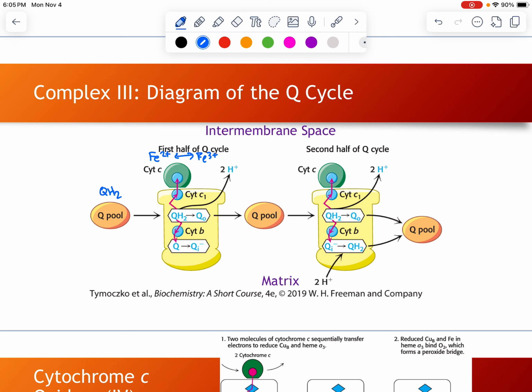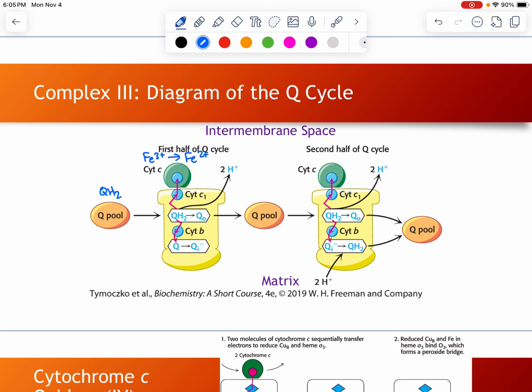The key thing is it can only take 1 electron at a time. If it's Fe3+, it can accept 1 electron to become Fe2+. So I should write this in reverse just so it's not confusing later. Let's say, as this is accepting the electron, going from Fe3+ to Fe2+.